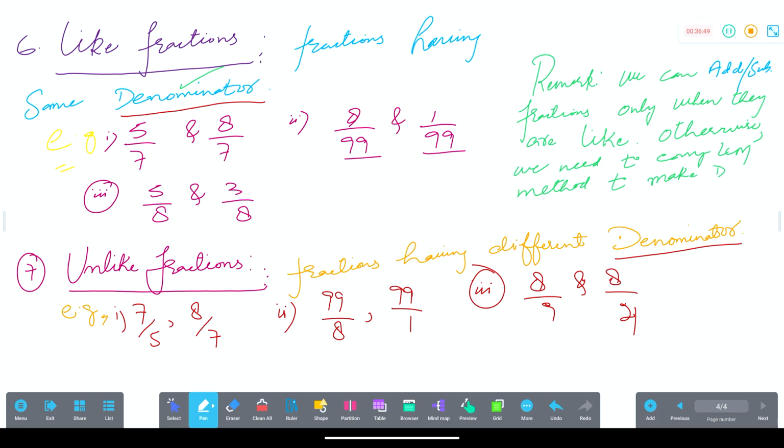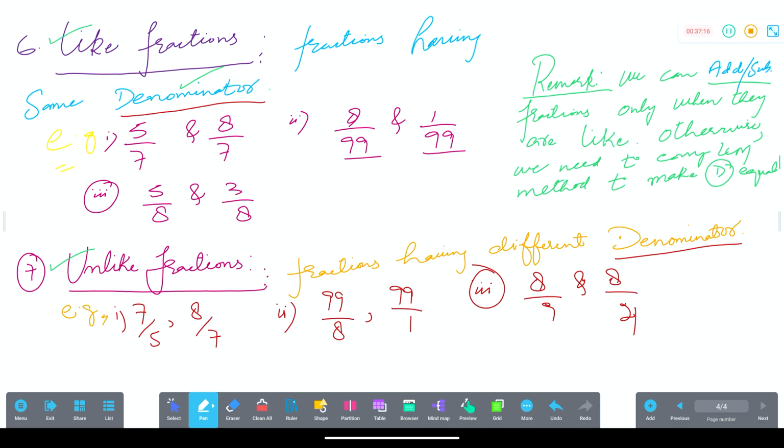D stands for denominator equal. So in the case of unlike fractions, you have to go for the LCM method to make the denominator the same, but if they are like fractions, you can add them directly.